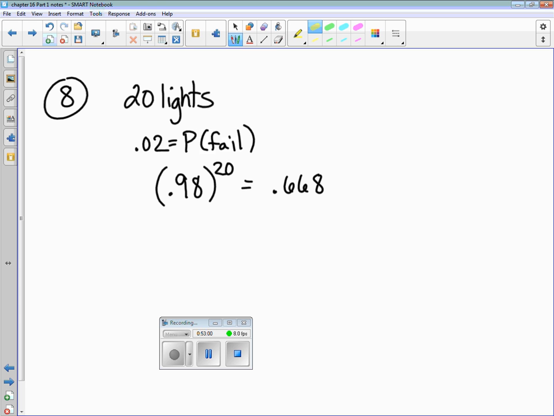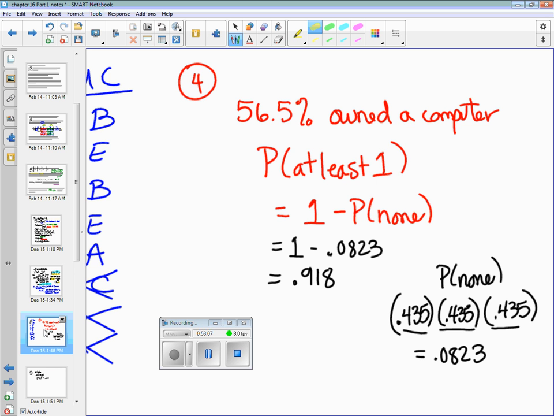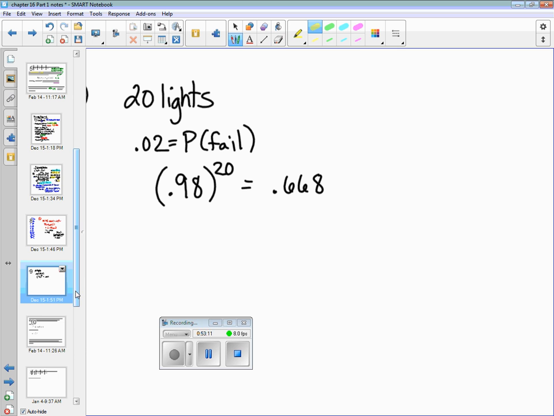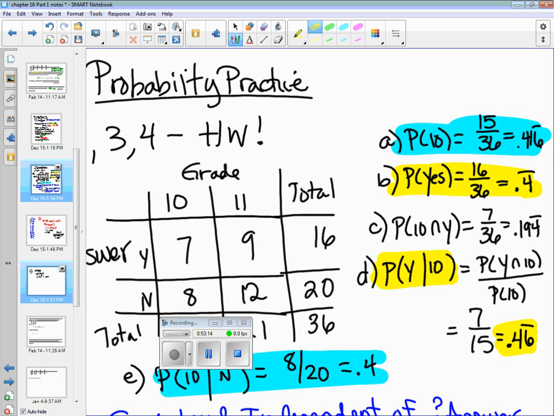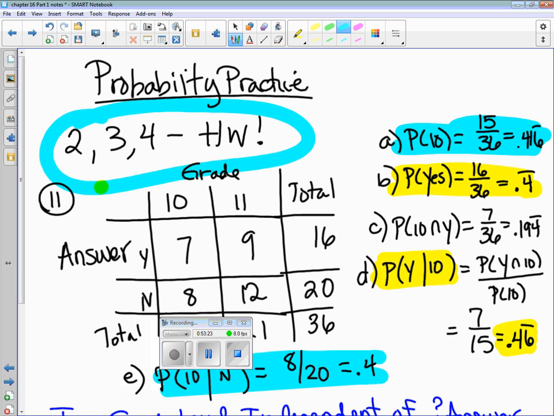Okay. Let me give you your homework. Obviously, you need to do those 3 problems that I told you to on the practice test. Where did I write that down? Hopefully I wrote it down somewhere. Here we go, right here. So, part of your homework, folks, is this right here on the probability practice test, questions 2, 3, and 4. And then I would like for you to do some review, starting on page 402.